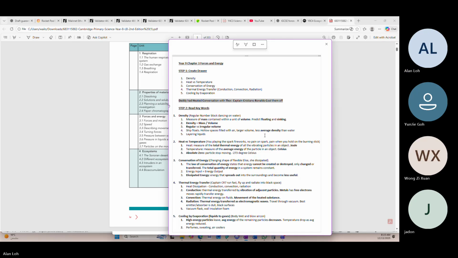So information plus emotion is equivalent to long-term memory. What I'm trying to do here is create a story that maybe sounds illogical, but it is funny. Funny means it will create some emotions so that it will help you remember these 5 drawers in sequence. This is a story that I created. Let's see whether it makes sense for you.